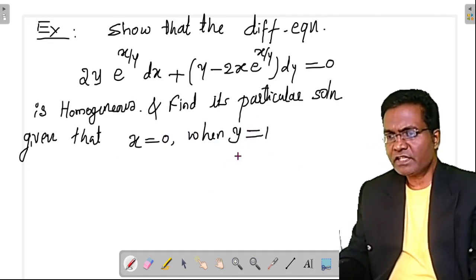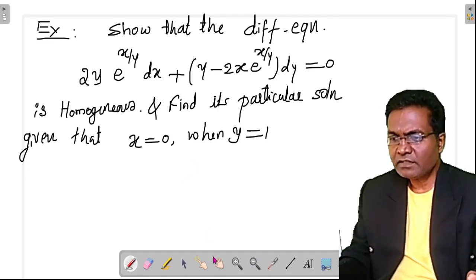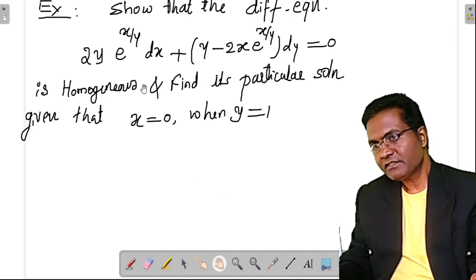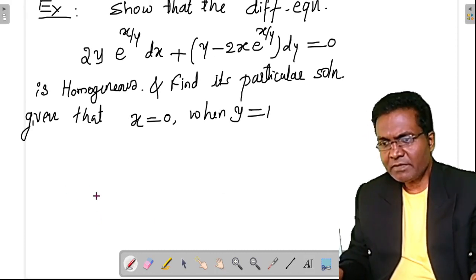So using these conditions, finally you have to find the particular solution. First you need to show it is homogeneous. Okay, so let me write the given.